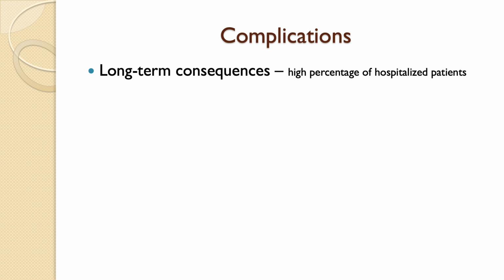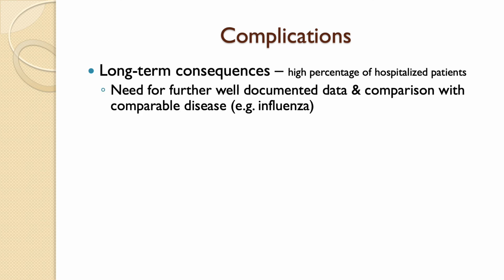Long-term consequences, well, we still have a lot to learn, of course. But it becomes clear that a high percentage of the hospitalized patients have some complaints, and we need, of course, further documented data and comparison with other diseases like influenza.